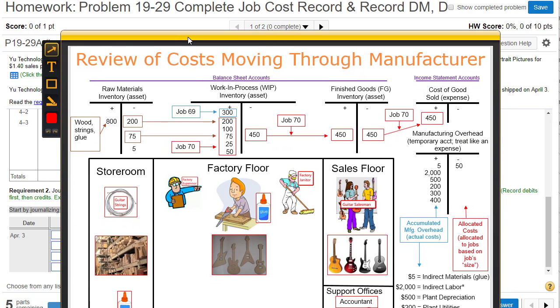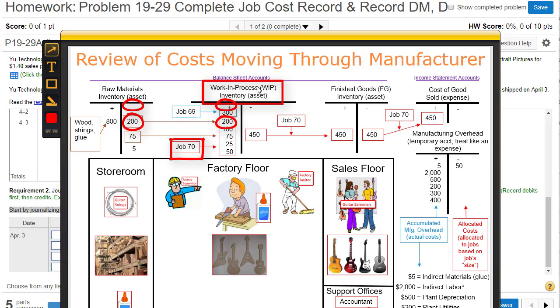The way the T accounts work is we have raw materials here on the plus side, but when we order them, like when this $200 was put into job 70, we're going to lower the raw materials, and then we're going to increase the work in process inventory account.